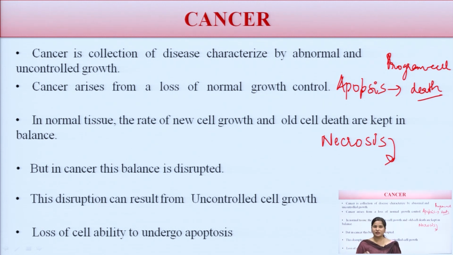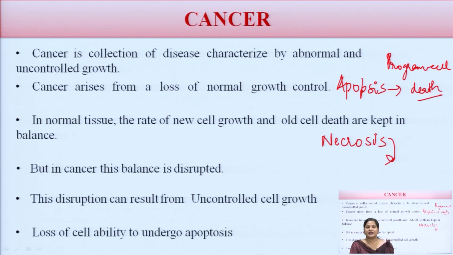What is a tumor? A tumor is uncontrolled cell growth at a particular area, causing damage to that area. There is a total blockage because huge numbers of cells are stored or replicate at that particular area. So this is a tumor.